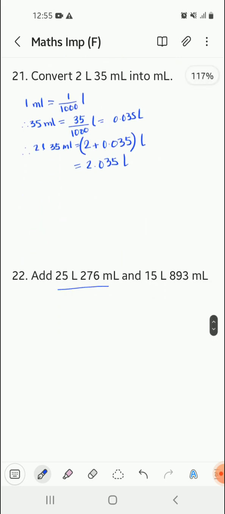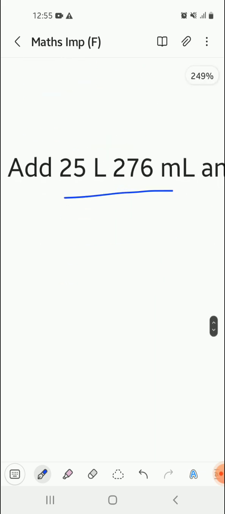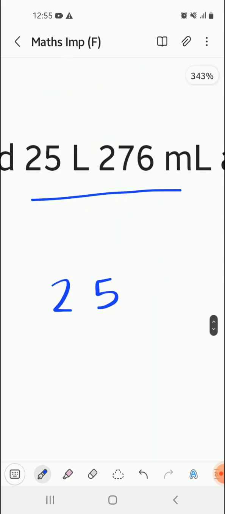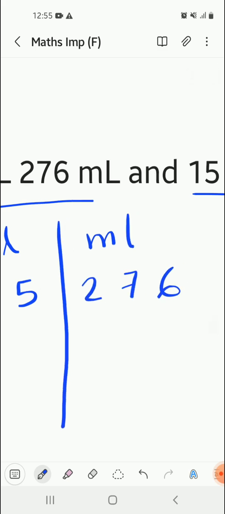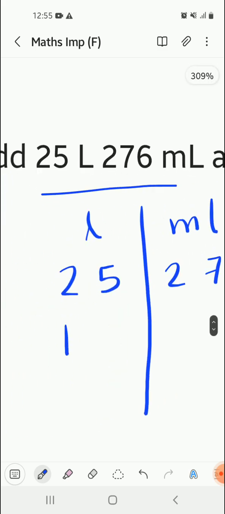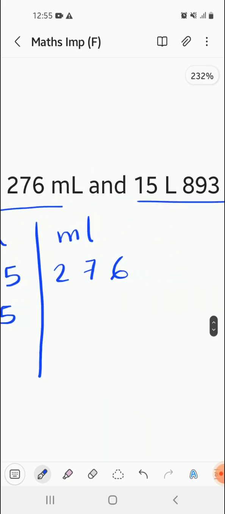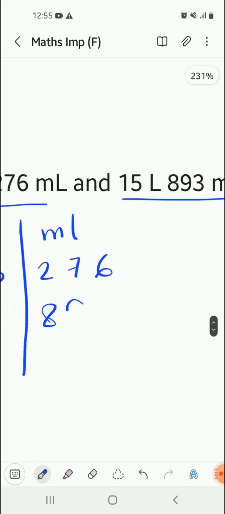We need to add 25 liter 276 ml and 15 liter 893 ml, right? So let's first write it. This side is liter and this side is ml. So it is 276 ml. We can draw a line over here to make it more simple. Now 15, and here we have got 893.